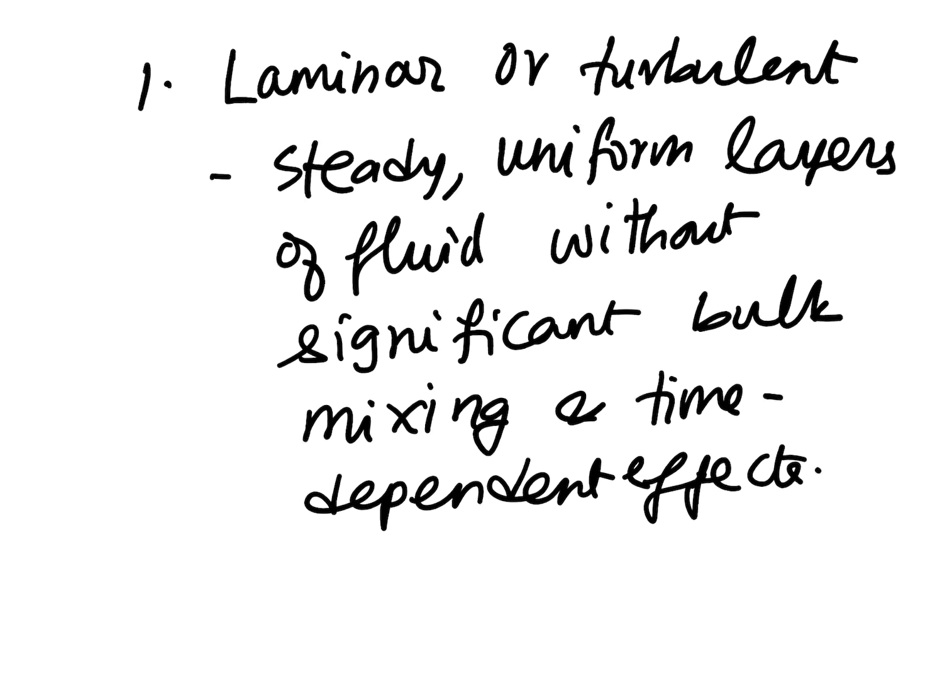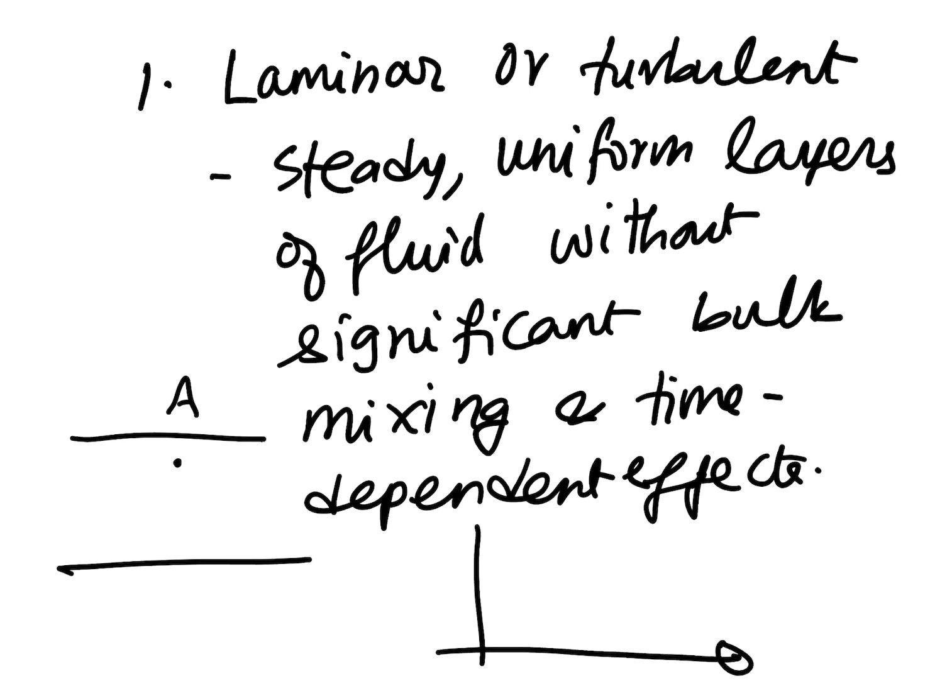That is, if you have a flow and you monitor the velocity at any particular point, say point A, the velocity as a function of time is nearly constant and has no real fluctuations. This would be an example of a laminar flow.